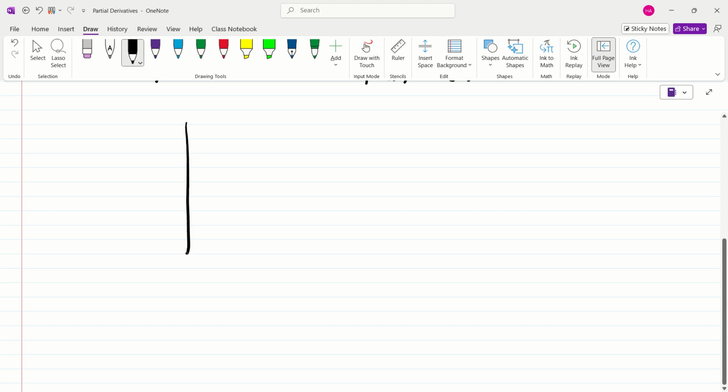Suppose that we're looking at things on the three-dimensional coordinate system with your x coming out of the page, the positive y's towards the right, and the positive z's going to the top. You could consider a function f of x, y as being this surface.